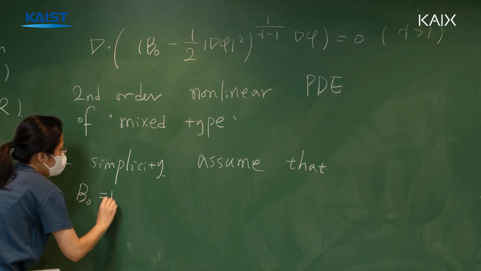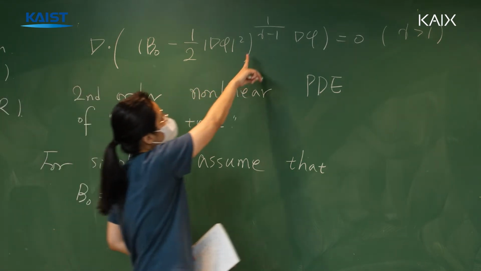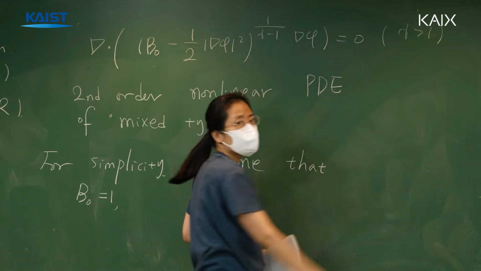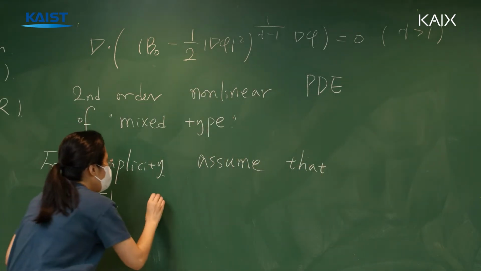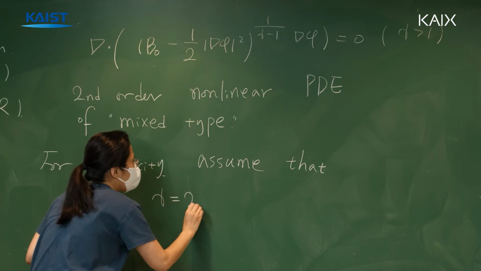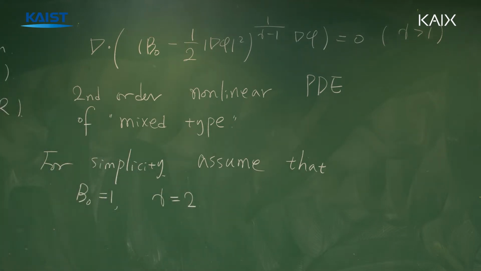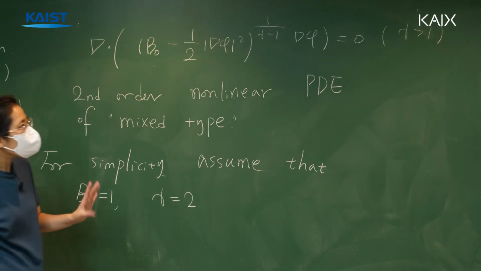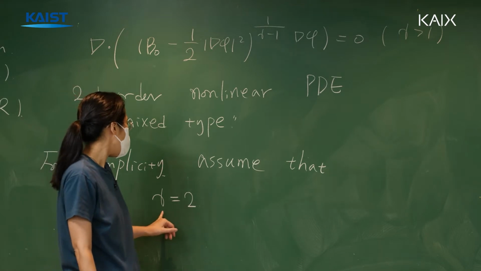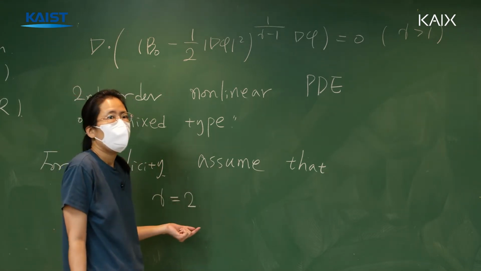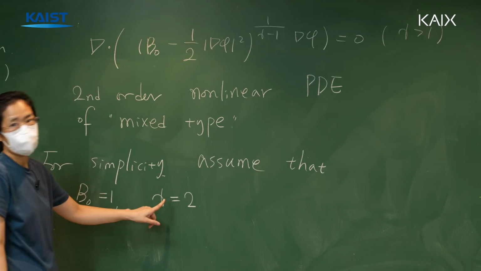And gamma is just a given constant bigger than 1. For simplicity, we are going to look at the case where gamma equals 2. Generally speaking, people are more interested in the case where gamma is less than 2, but for computation this is much simpler to handle.